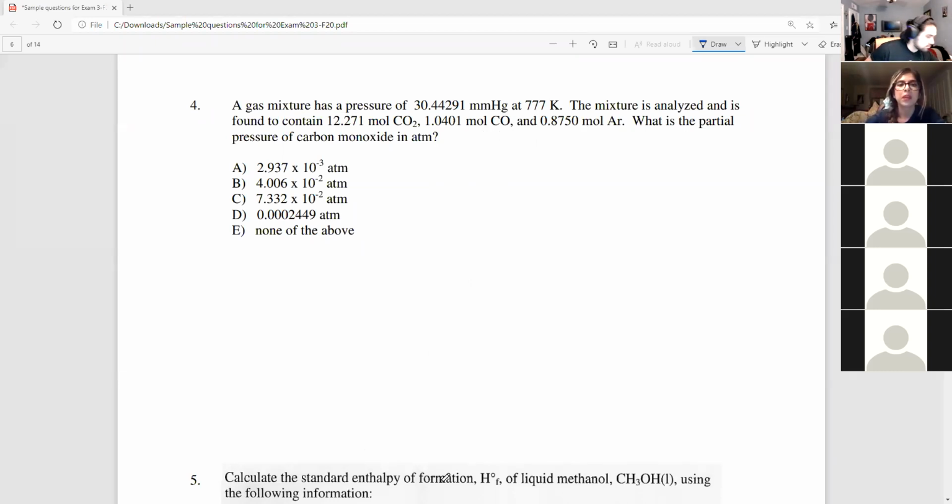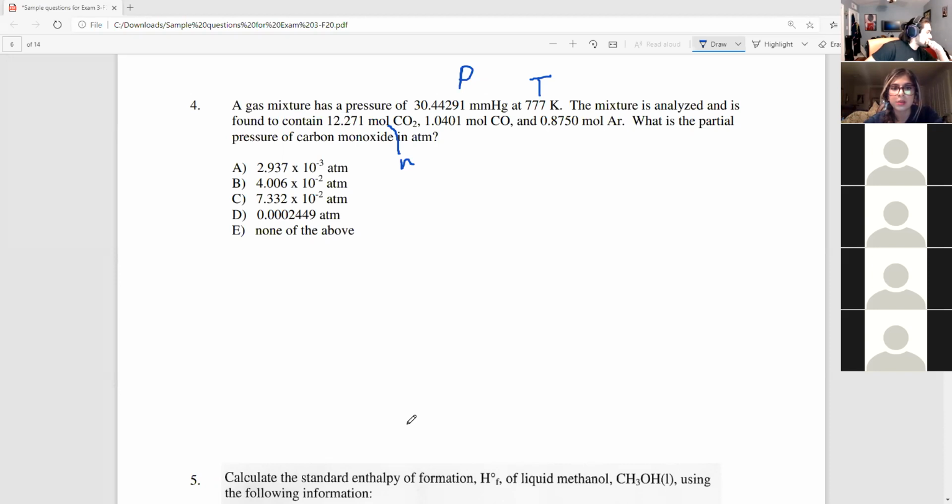Okay. So a gas mixture has a pressure of, so this is our pressure, 30.44291 millimeters of mercury at 777 Kelvin. The mixture is analyzed and found to contain 12.271 moles of carbon dioxide, 1.0401 moles of carbon monoxide and 0.875 moles of argon.